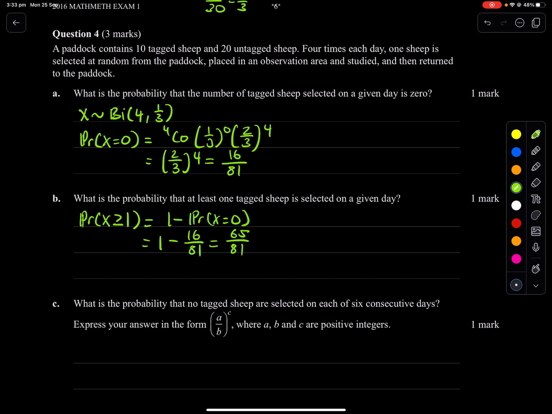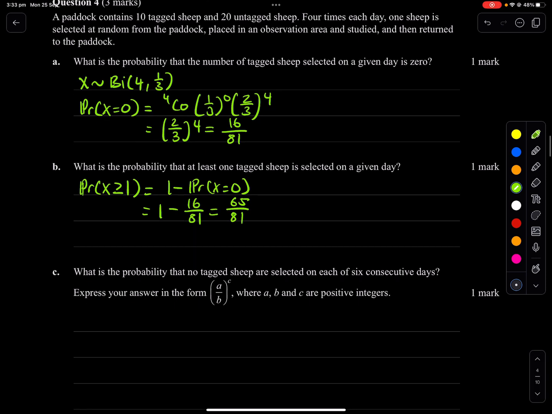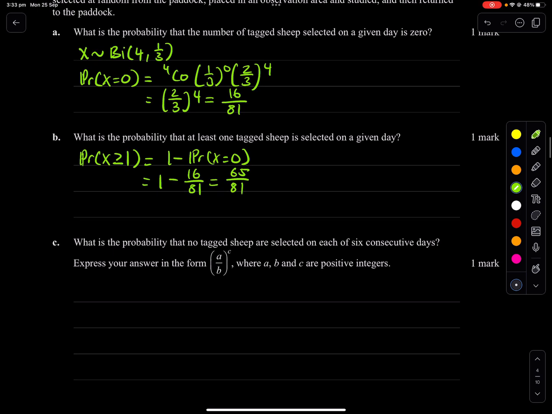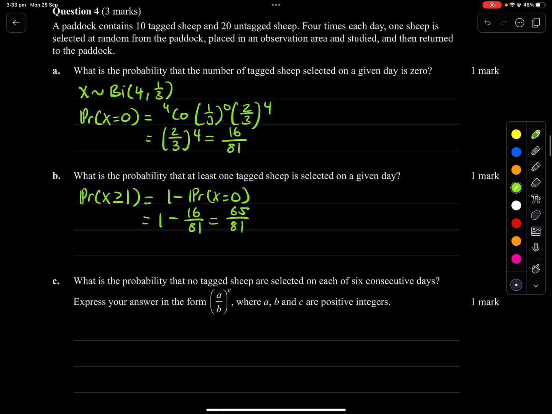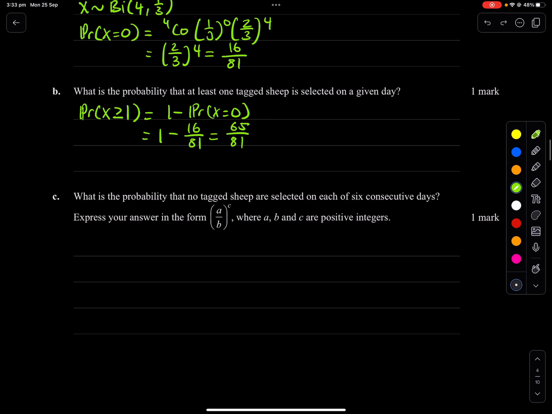So that's the number of tag ships when we want it to be 0. So that means it's the untagged. So this probability here is for no tagged. So if we want 6 consecutive days, we just say, what is (16/81) to the power of 6?